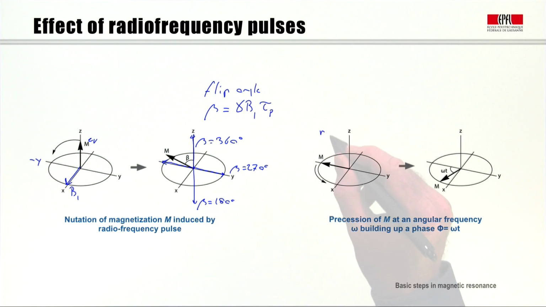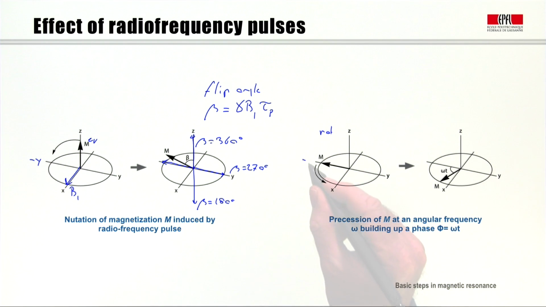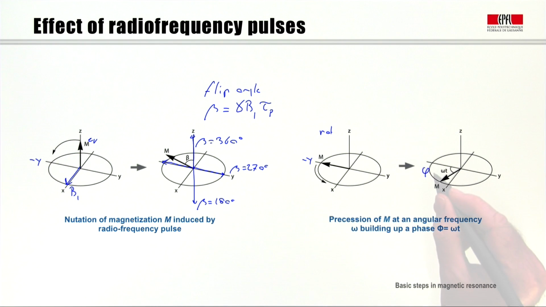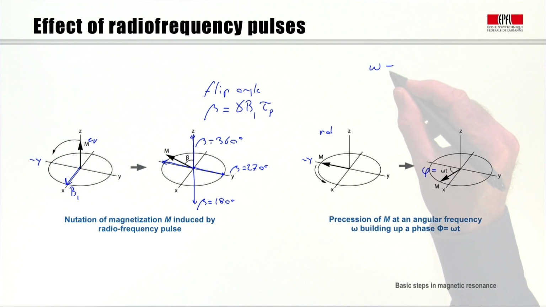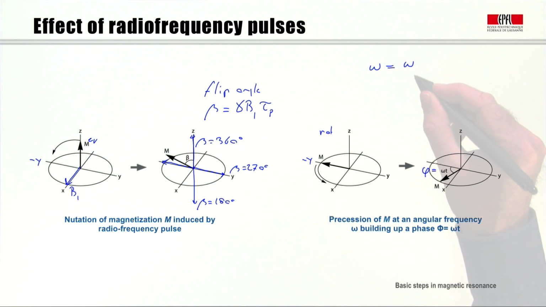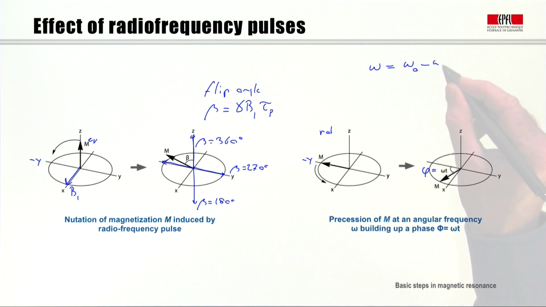Now, if we are in the rotating frame, the magnetization that was initially flipped along the minus y-axis will start precessing. It will build up a phase, which we can call phi, which is nothing else but the product of omega times t. We should remember that this omega is in the rotating frame, so it is simply the true precession frequency in the laboratory frame from which we subtract the precession frequency of the rotating frame.